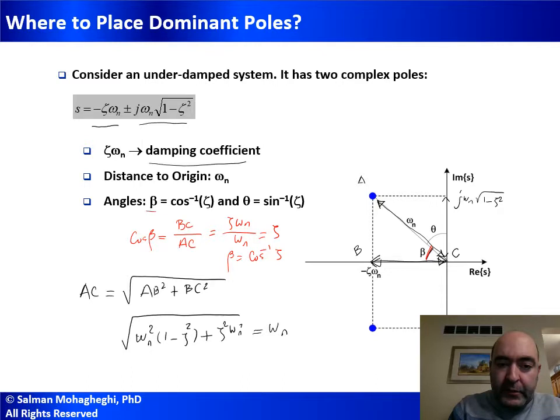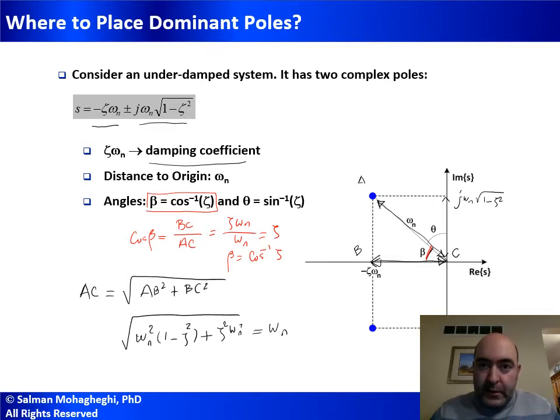So based on what zeta, the damping ratio, is, and what omega n, the natural frequency, is, you can see how far away the pole is from the origin and at what angle. So beta is basically the angle between the line connecting the pole to the origin and the x-axis.